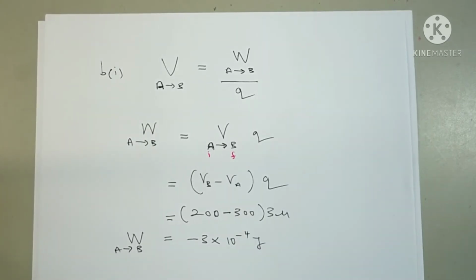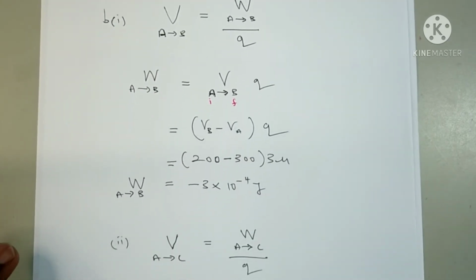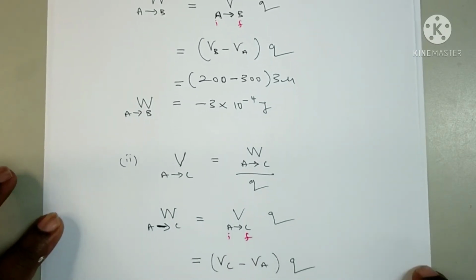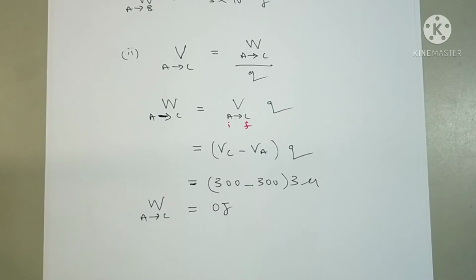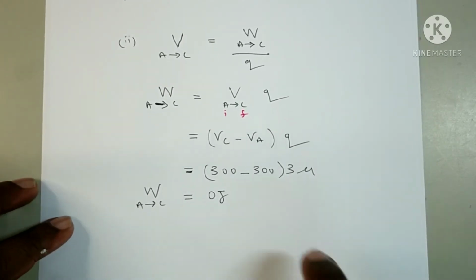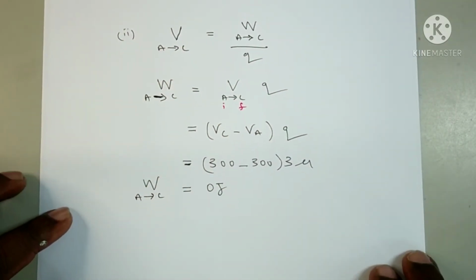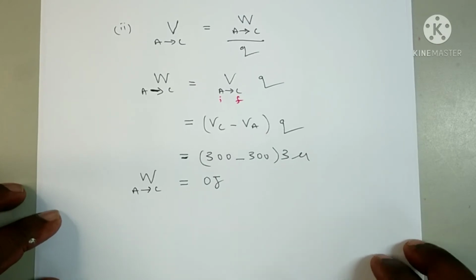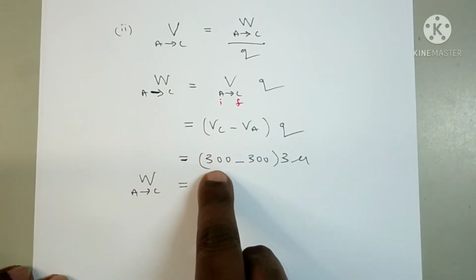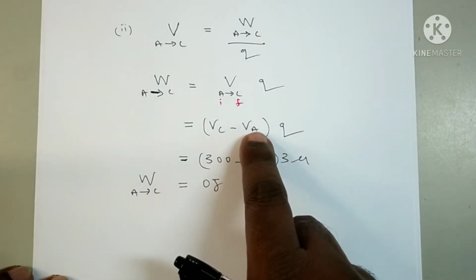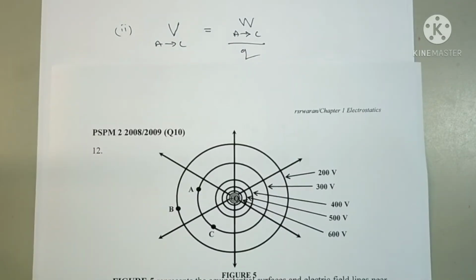We use the same technique for B Roman 2. We substitute all the values accordingly into this equation, where VC is 300 volt, VA is 300 volt.